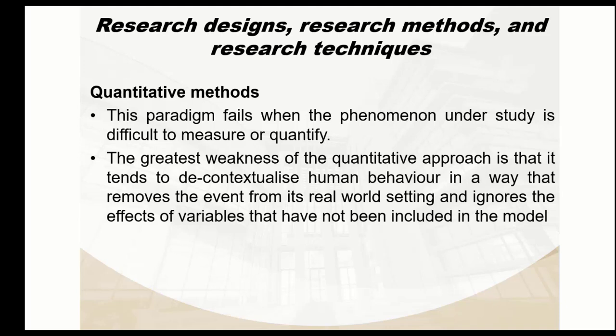Now, the other weakness is that it tends to decontextualize human behavior, in a way that it removes the event from its real world setting and ignores the effects of variables that have not been included. That is where we said in quantitative approaches, a human being detaches himself. The feelings of the people are not very important. The attitudes of the people are not very important. The behavior of the people are not very important.